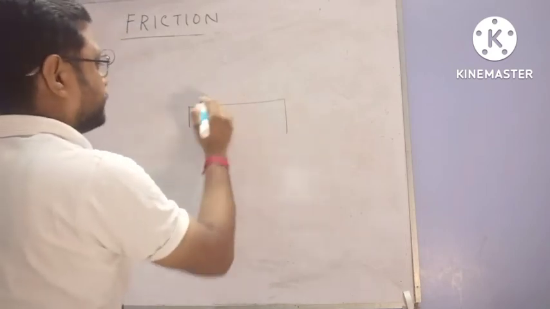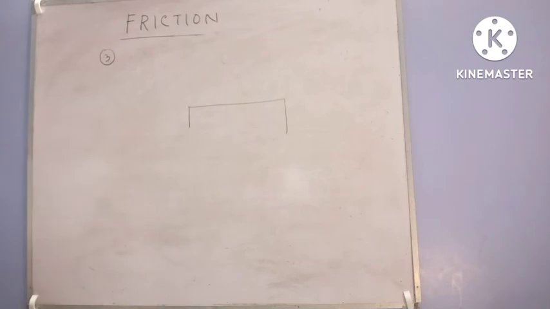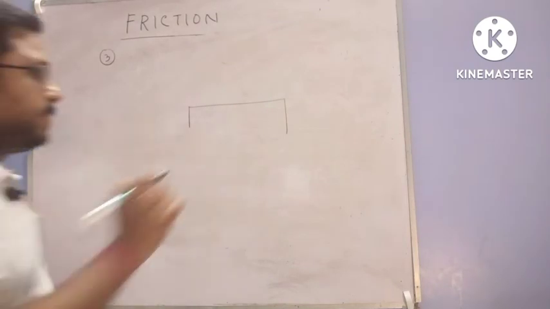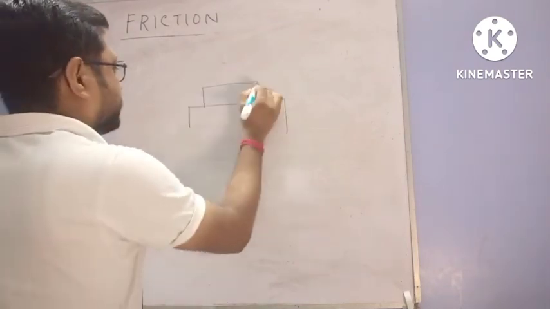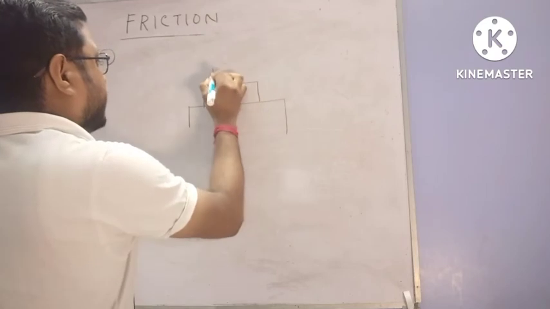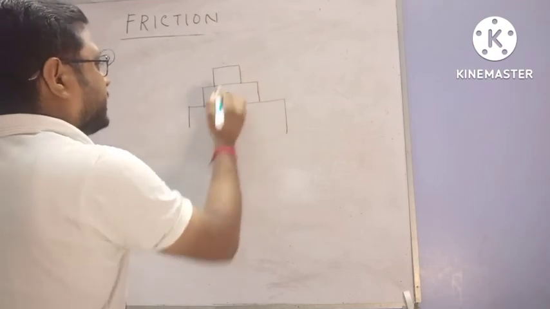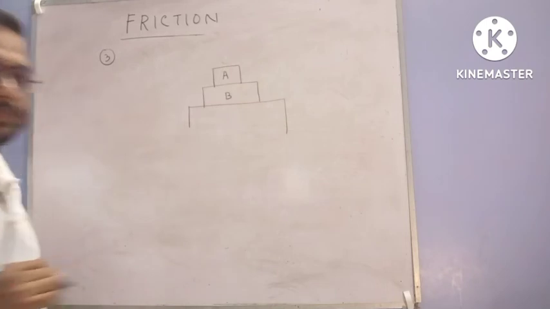This is the ground, two blocks A and B. This is the B block and this is the A block, placed on it.